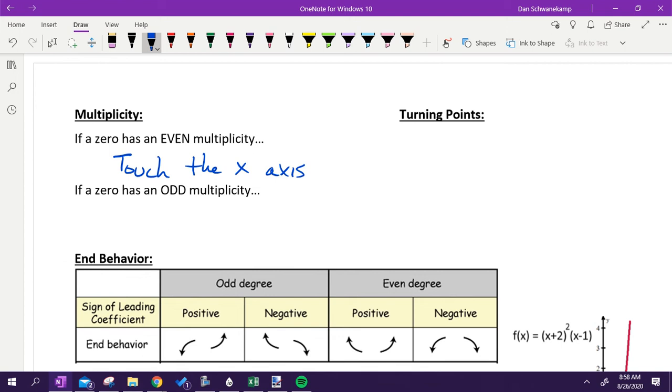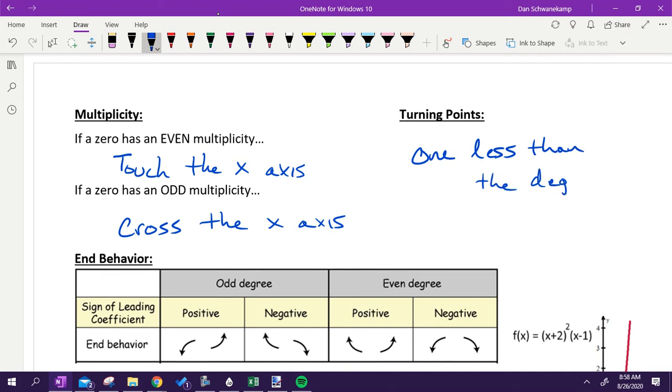If a 0 has an odd multiplicity, we are going to cross the x-axis. Turning points. Your turning points is going to be 1 less than your degree.